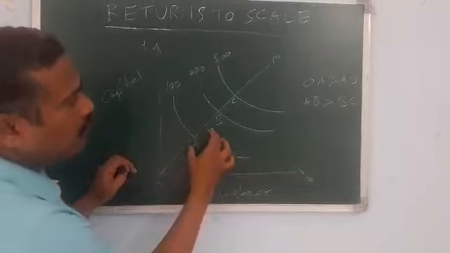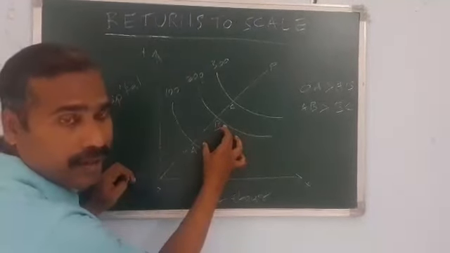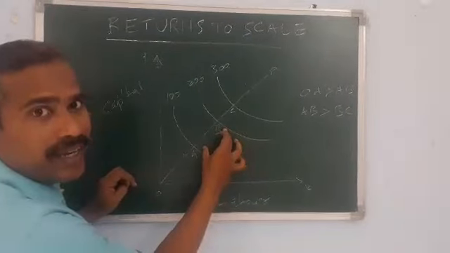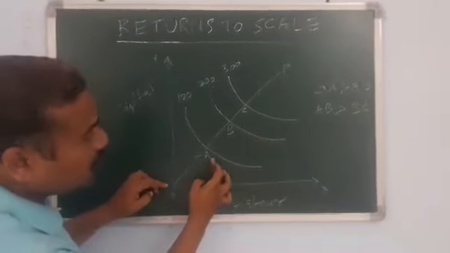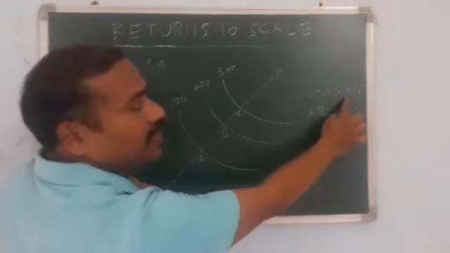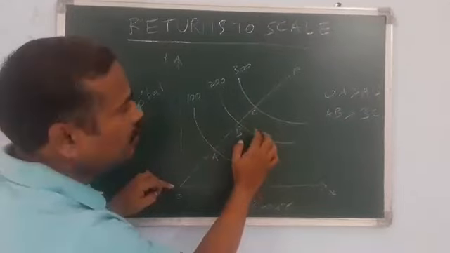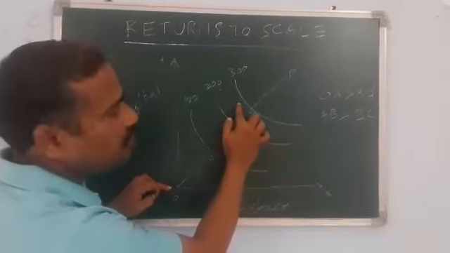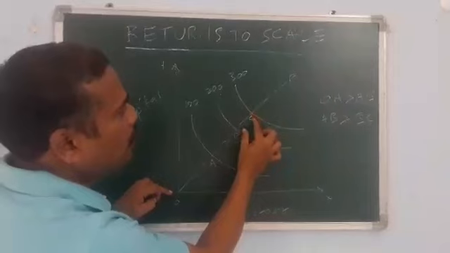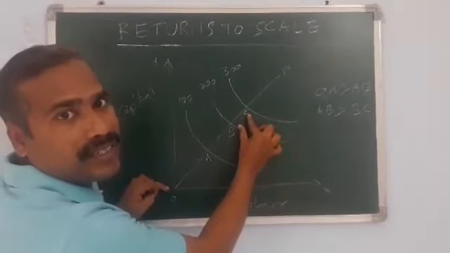We are getting another extra 100 units by this AB level. Here you observe OA is greater than AB. And if you go on the path, we will get 300 units of the production by just using BC amount of the production factors.